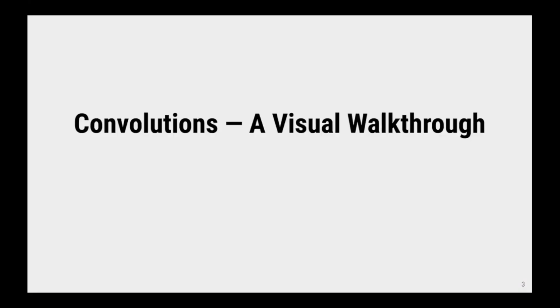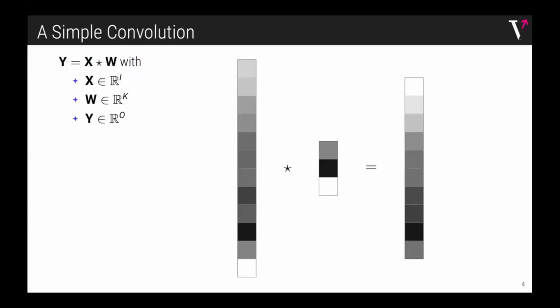I want to quickly give you a rough notion of why convolution might be more complicated than a fully connected layer. The idea is very simple, right? We have a signal X, we have a kernel W, and the way a convolution works is that the kernel slides over the input, and at each step of this process, we take a dot product between the kernel and the patch we're currently overlapping with.